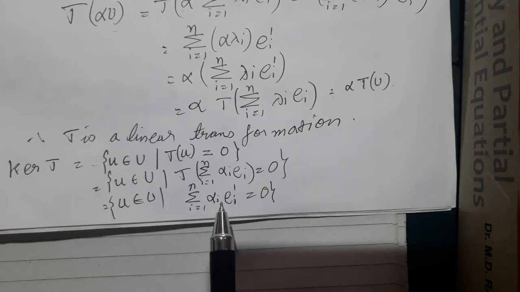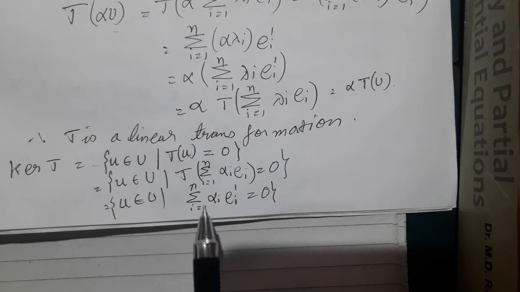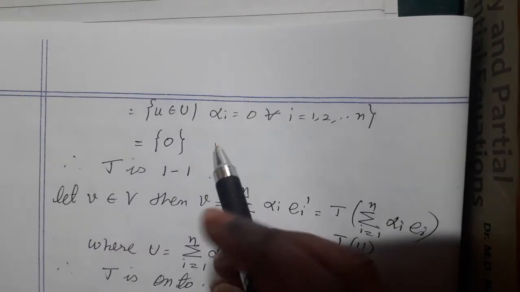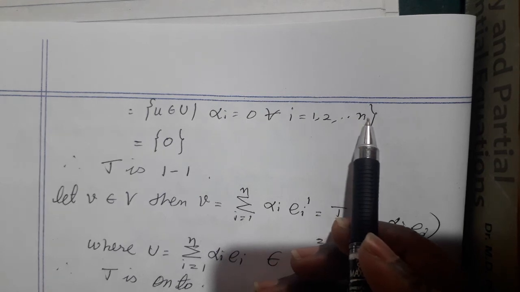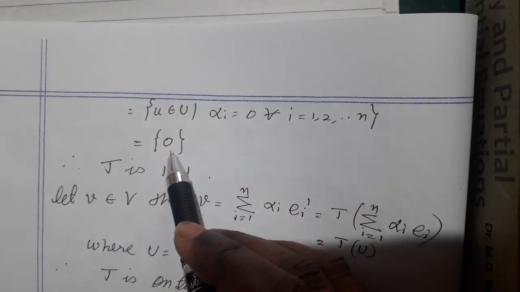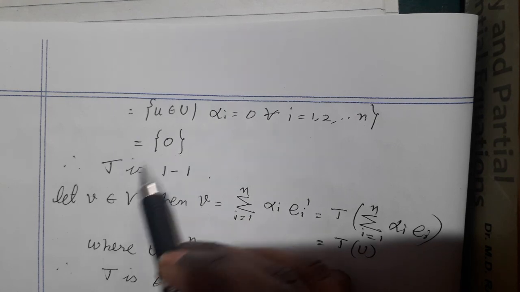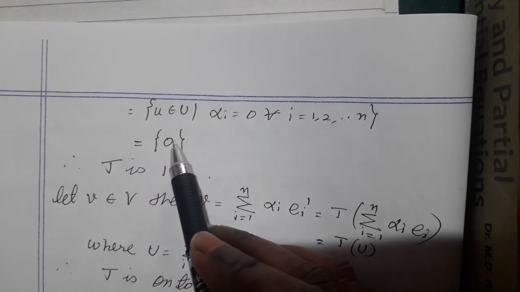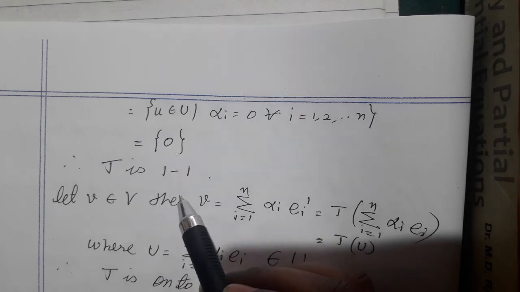Since this set is linearly independent, the scalars should be 0. So we get alpha i equal to 0 for all i equal to 1 to n. So u belonging to U consists of only the 0 element. Therefore T is one-one. Since the kernel consists of only the 0 element, T is one-one.